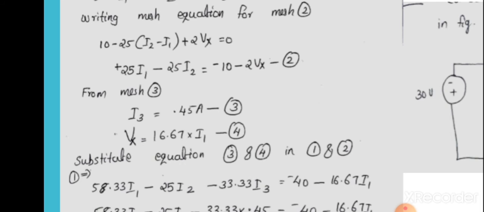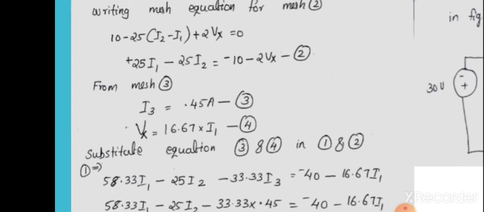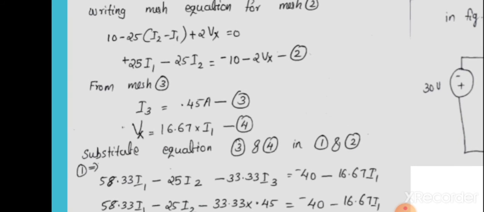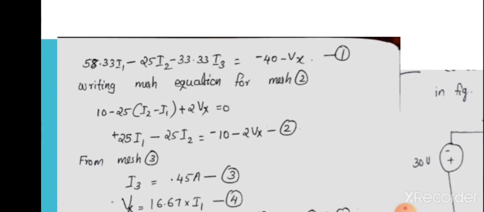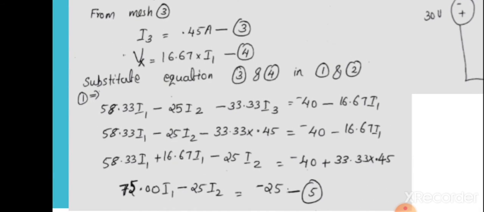You can substitute I3, equation 3, in equation 1 so that it becomes an equation containing I1, I2 and Vx only. So if you substitute equation 3 in equation 1, equation 1 will become 58.33 I1 minus 25 I2 minus 33.33 I3 equal to minus 40 minus 16.67 I1.